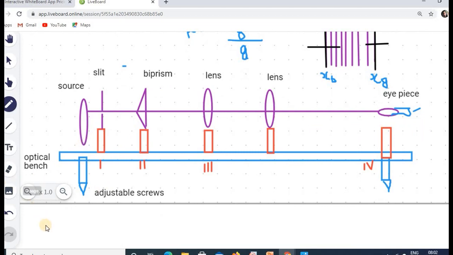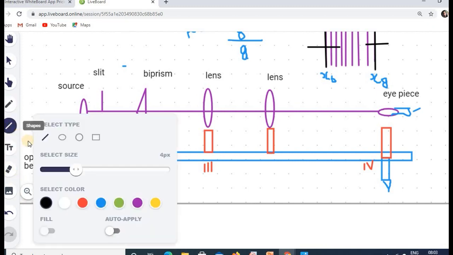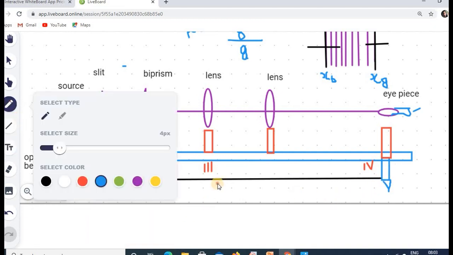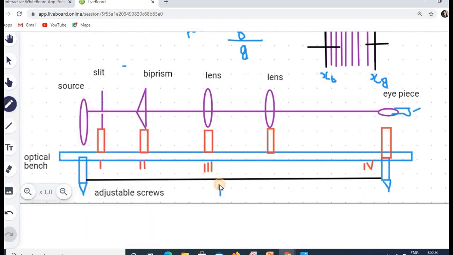You can obtain capital D by just measuring the distance between the source and the screen. There is no confusion in that one.